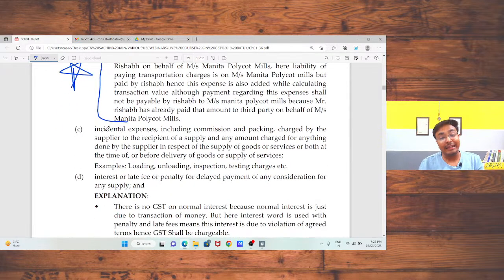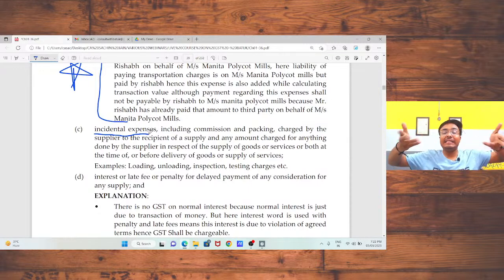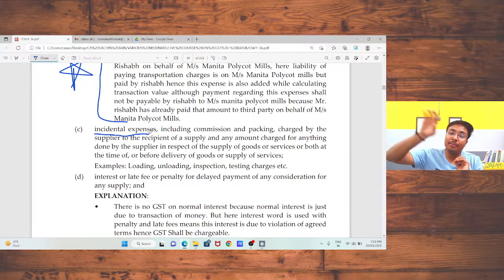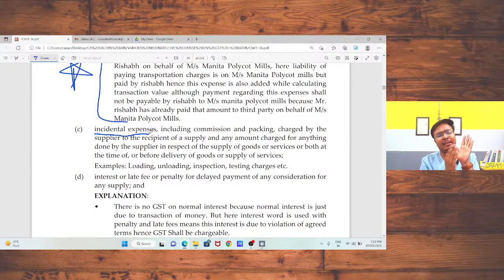Now, incidental expenses. If the supplier has made any incidental expenses, like the supplier has paid commission, brokerage, loading, unloading, or inspection charges, in that case the same should be added to the transaction value for calculating the value of supply. Sir, you should just go and check the invoice of your client.